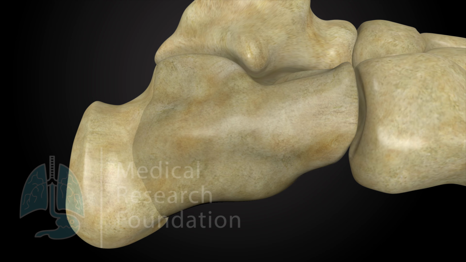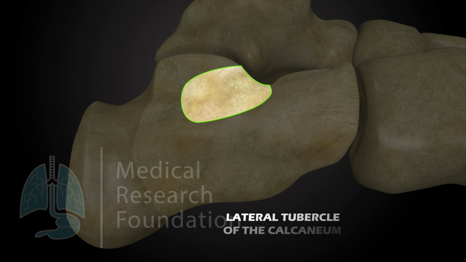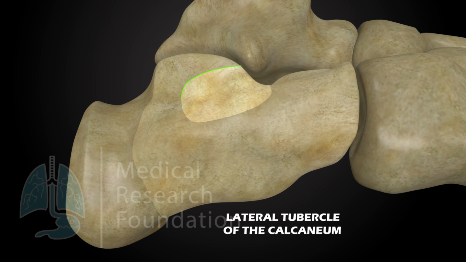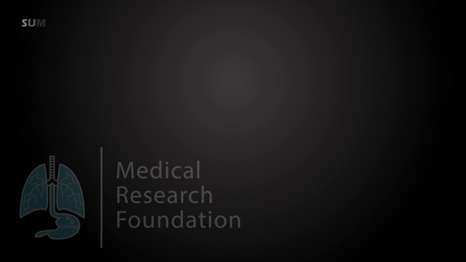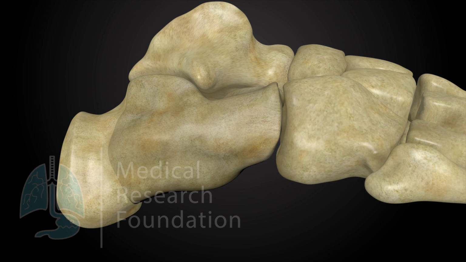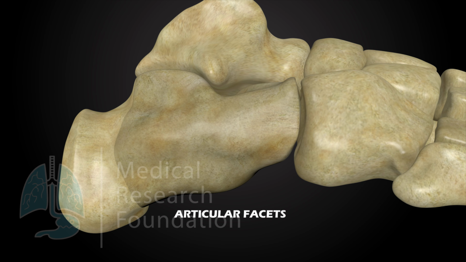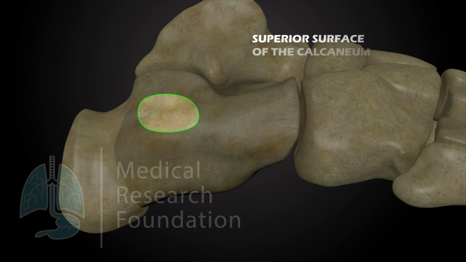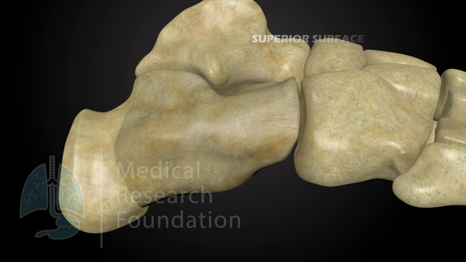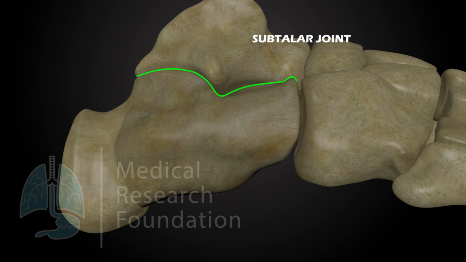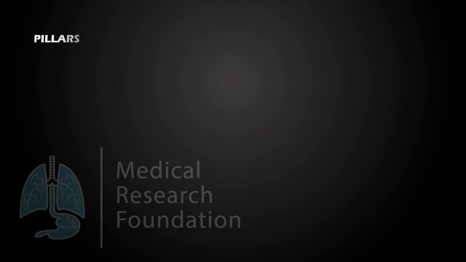The posterior end is formed by the lateral tubercle of the calcaneum. Summit. The summit lies at the level of the articular facets on the superior surface of the calcaneum, at the level of the subtalar joint.